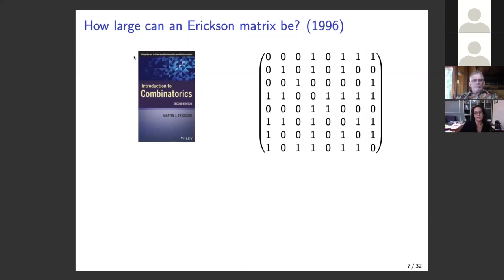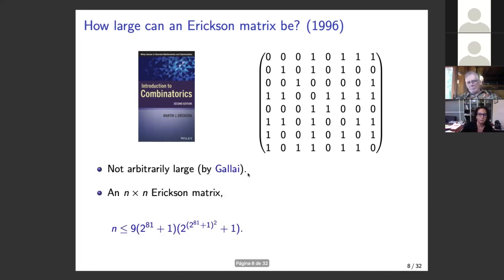This problem was posed by Martin Ericsson in his book, Introduction to Combinatorics. If you know a little bit about Ramsey theory, you can recognize this problem as a typical Ramsey type problem. And you maybe know that the answer to this question is not arbitrarily large.